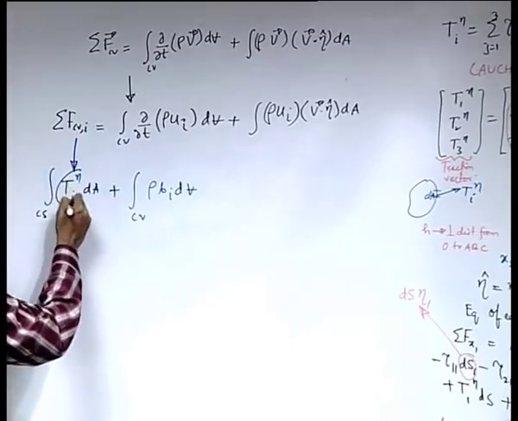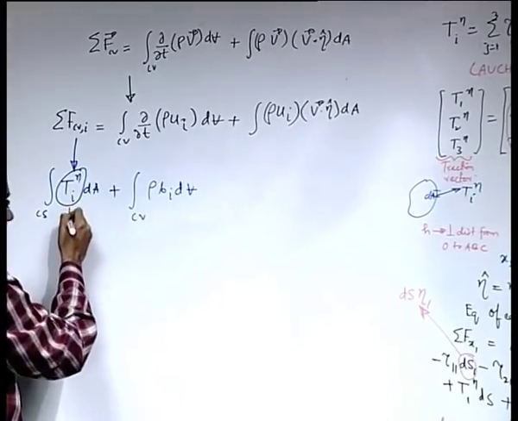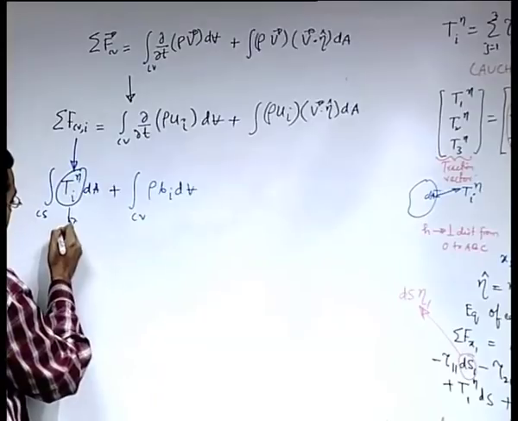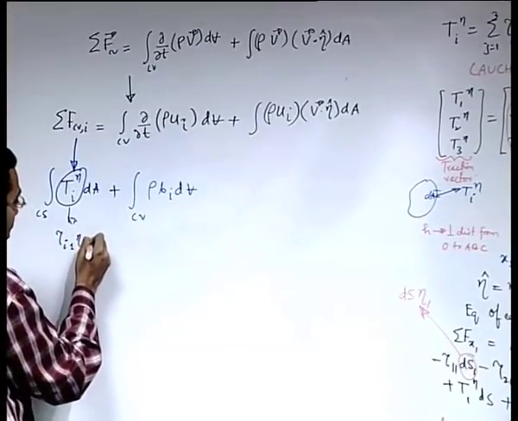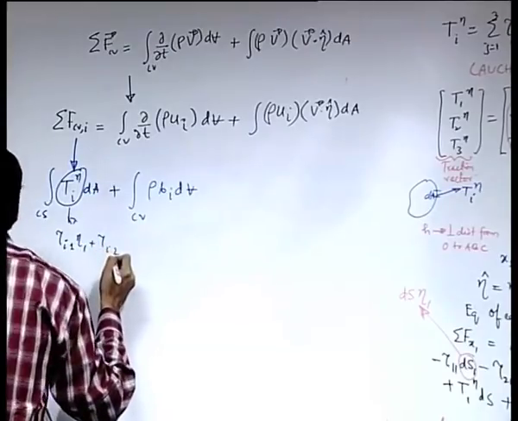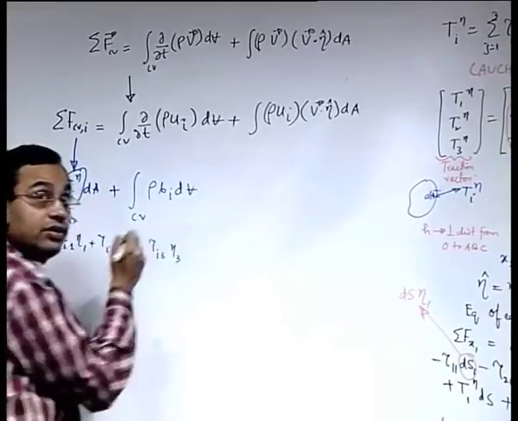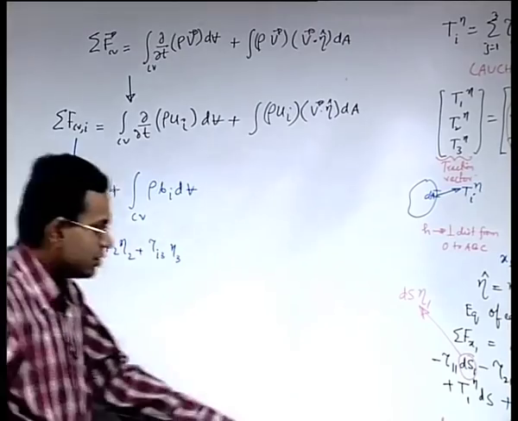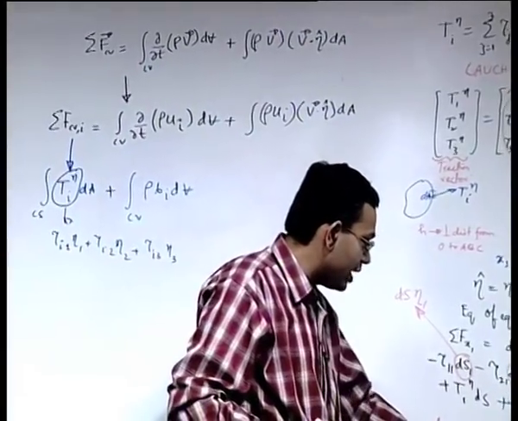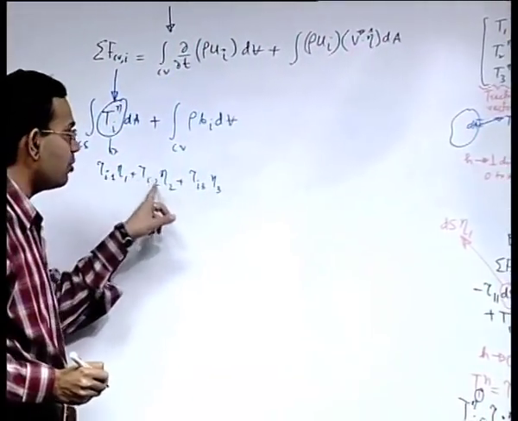Now, what we can do is write this as, we have just seen the expression of this, that is tau i1 eta 1 plus tau i2 eta 2 plus tau i3 eta 3. We have written here tau 1i, tau 2i, tau 3i, but because tau ij is tau ji, we have written it as tau i1, tau i2, tau i3.